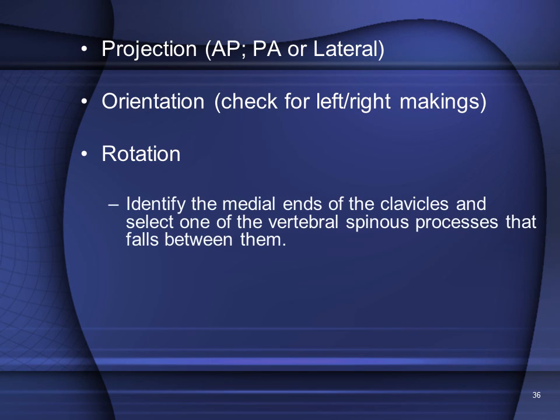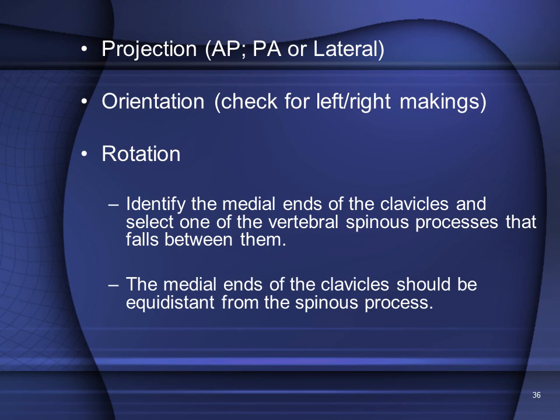Okay? To determine if the patient is rotated, you look for the medial end of the clavicles, and select one of the vertebrae and locate the spinous process on the vertebrae that falls between them.